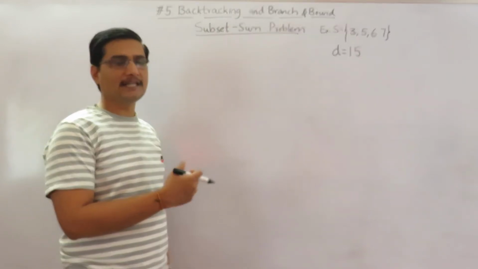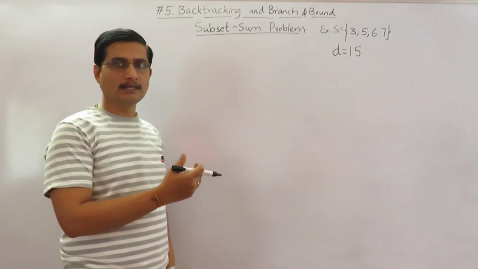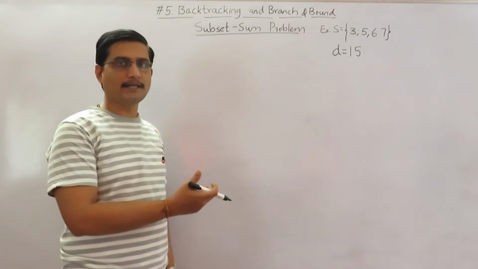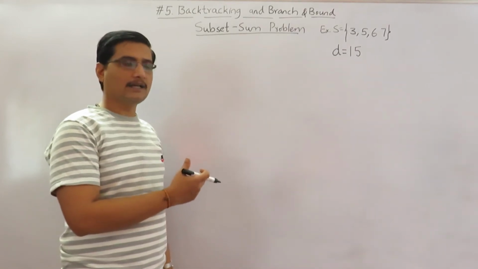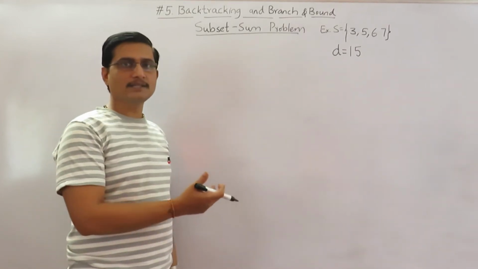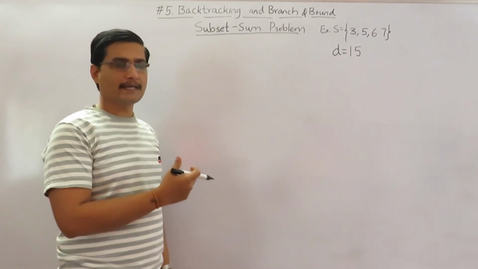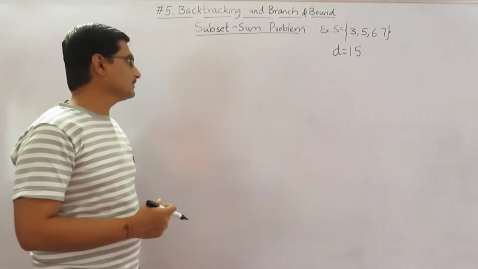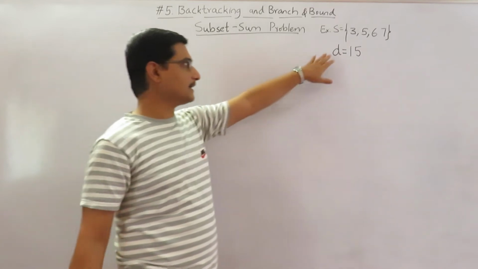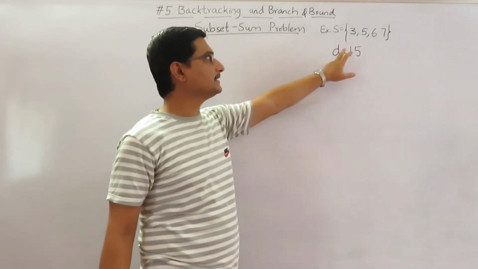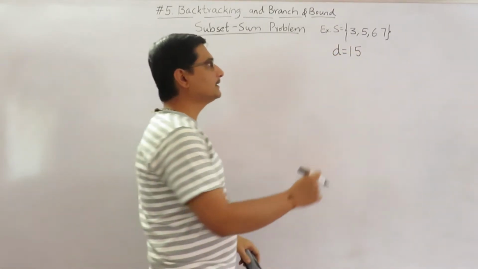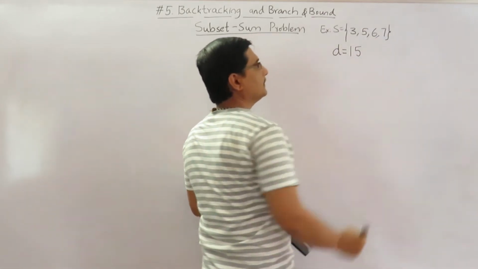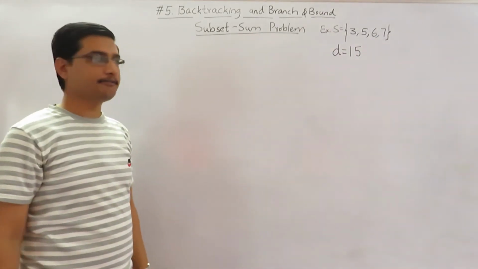For all the left edges, we will include the next item in the set. In the right edges, they will be excluding the item. Say, consider this particular example, where the set is 3, 5, 6, and 7, and the sum we need to find is 15.